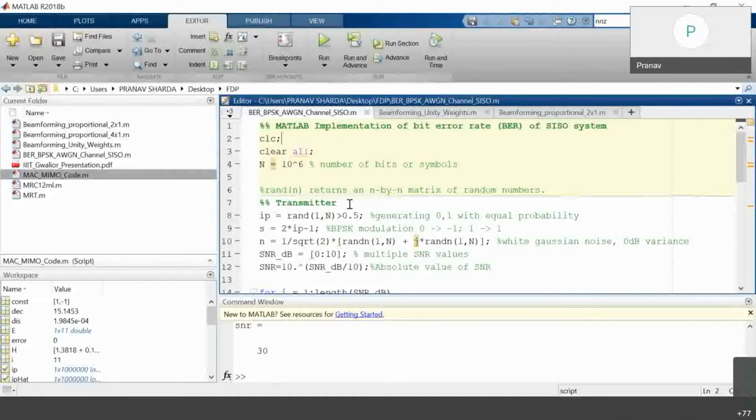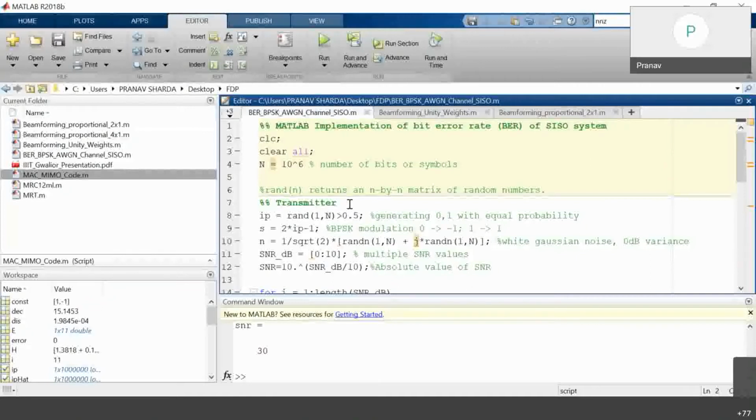In line number 8, the rand command basically generates random values. In MATLAB, we are doing the simulation, so we are generating random values, and it will generate an array. The command rand(1,n) will generate an array of dimension 1 cross n.